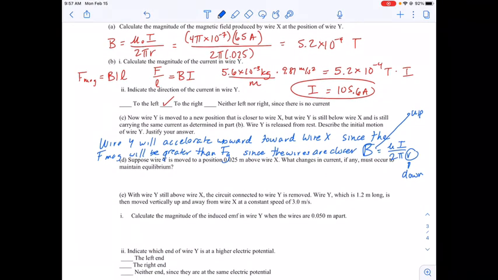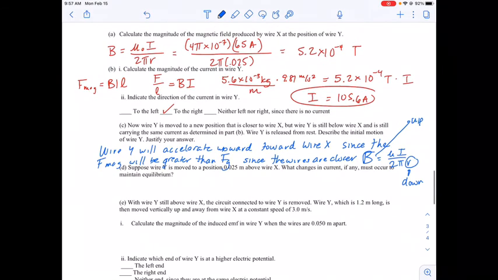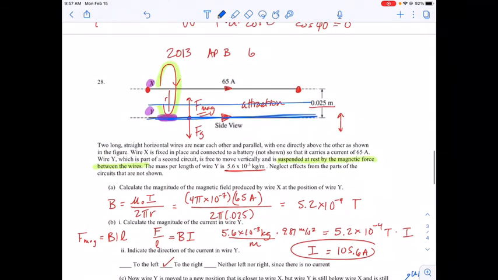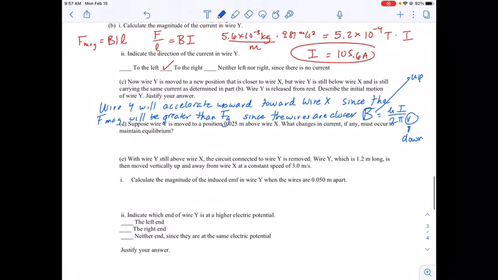Okay, let's try part D. Suppose wire Y is moved to a new position 0.025 meters above wire X. What changes in current must occur to maintain equilibrium? So if we took the bottom wire Y and put it above, now it would need to repel. So the current would need to go in the opposite direction.